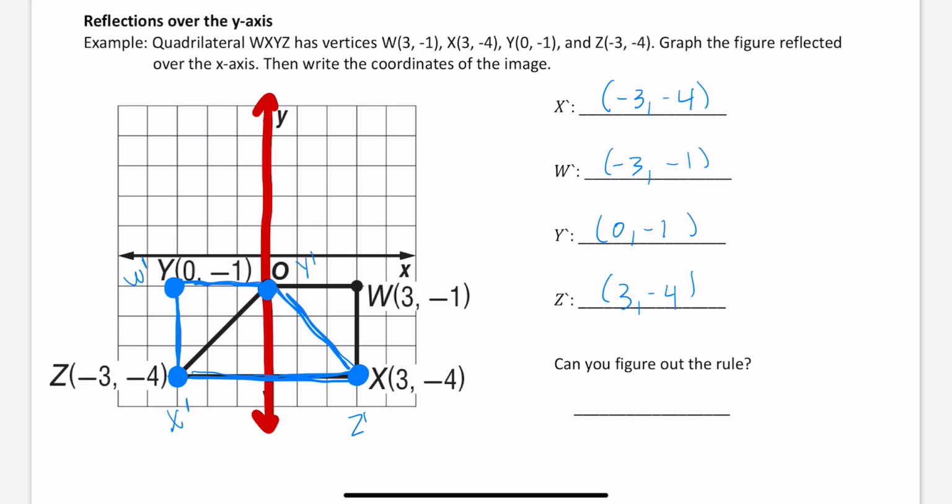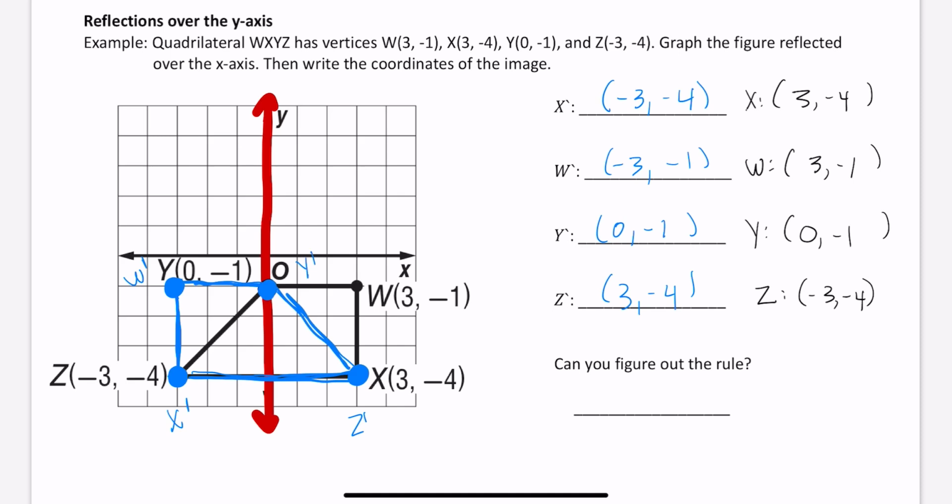And let's write the original points next to it so that we can find the rule. X was originally at 3, -4. W was originally at 3, -1. Y was originally at 0, -1. And Z was originally at -3, -4.